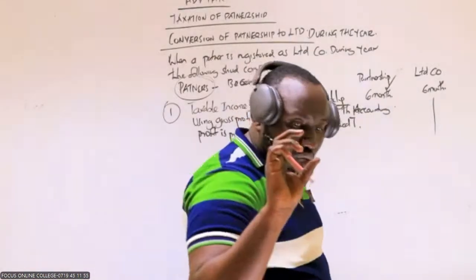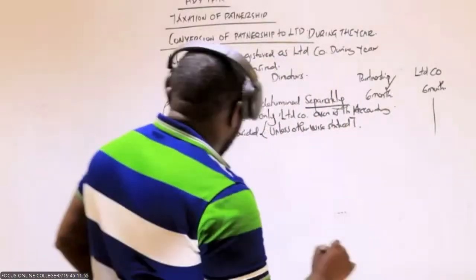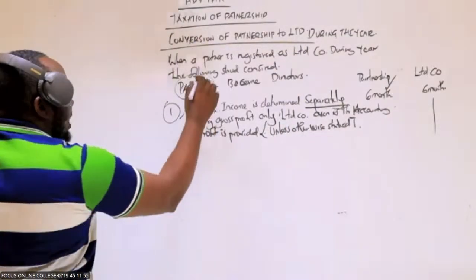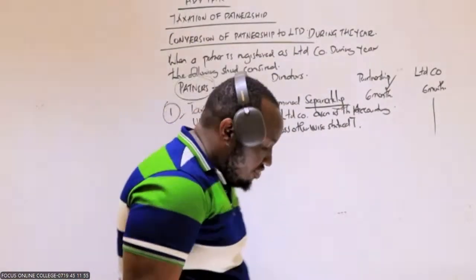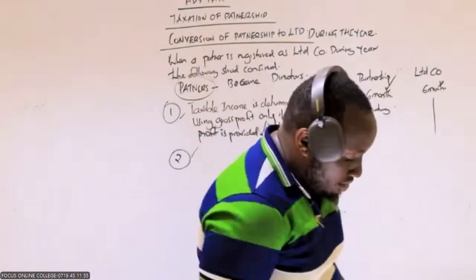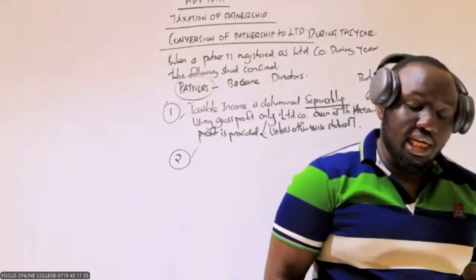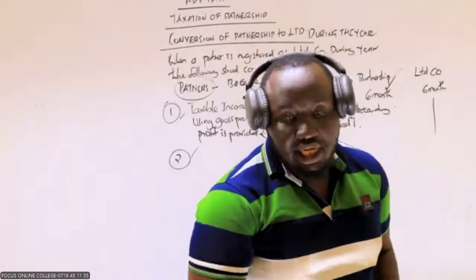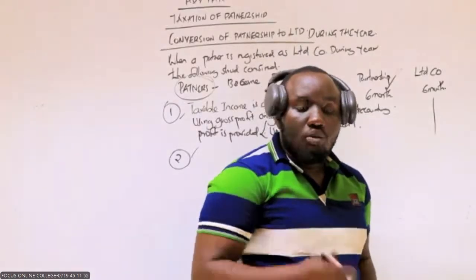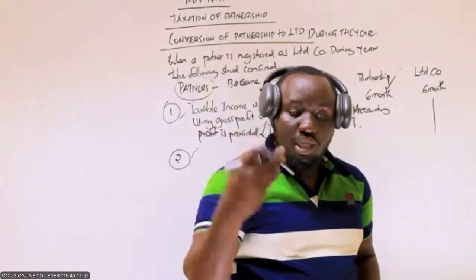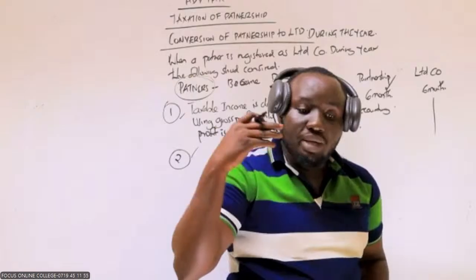But now I want to come up with the second point. When we are now converting, payments that are directed to partners are non-allowable. When you convert them to a limited company, they become directors. Now it becomes allowable.